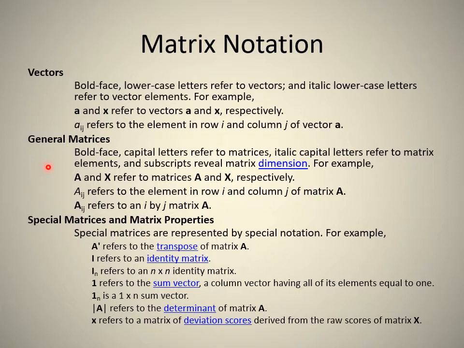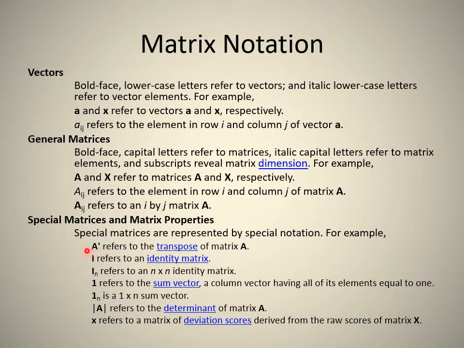Then generally in terms of matrices, we usually use capitals and boldface. And then the dimensions of the matrix are usually also a subscript, let's say an i and a j in this case, which refers to an i by j matrix, the number of rows and the number of columns. So let's say it's a 6 by 6, A66 will then denote a matrix with an order of 6 or size of 6.